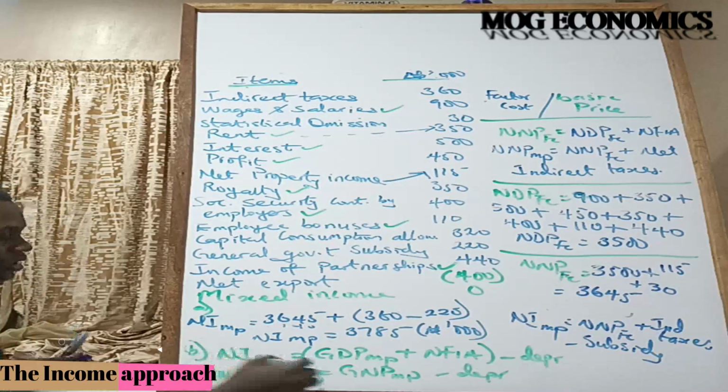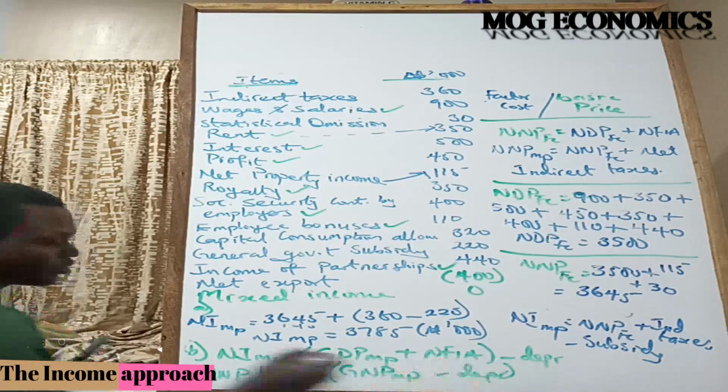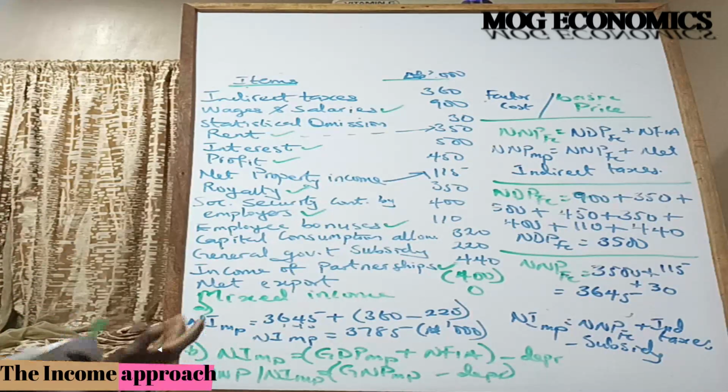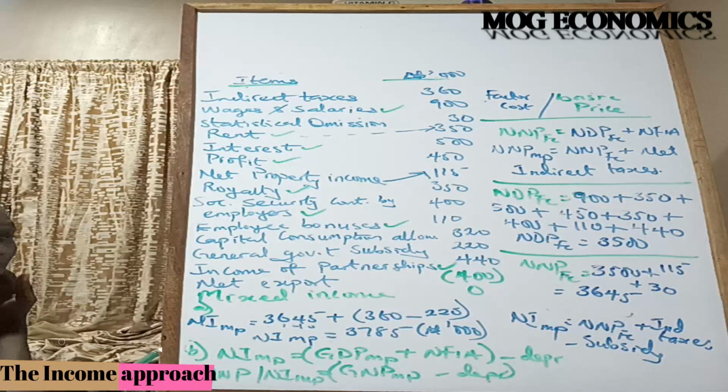So I hope you understand this. It's just a play with formula. So we know national income to be NNP at factor cost, plus any errors or whatever.